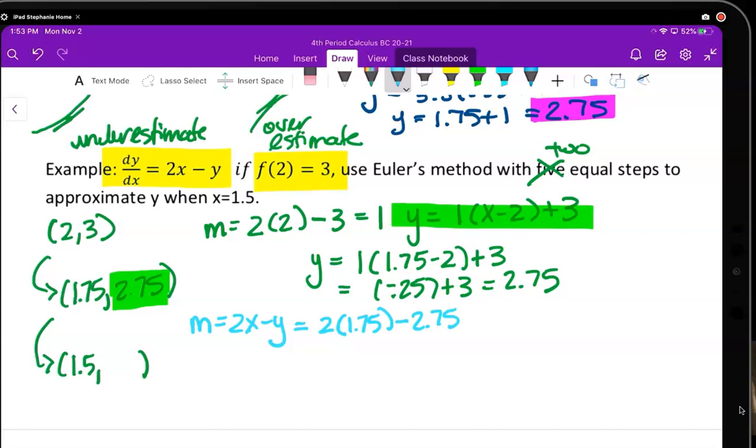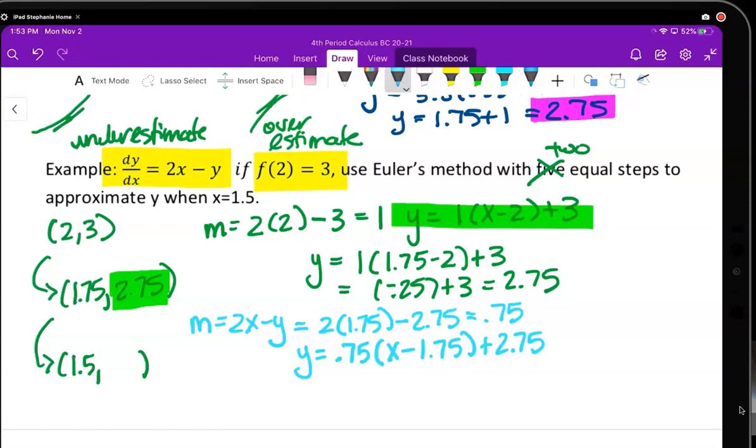I'm calculating that, and I get 0.75. So now with my new point and my new slope, I'm going to write the new tangent line. My slope is 0.75 times (x minus 1.75) plus 2.75. So that's my new equation and my new line.